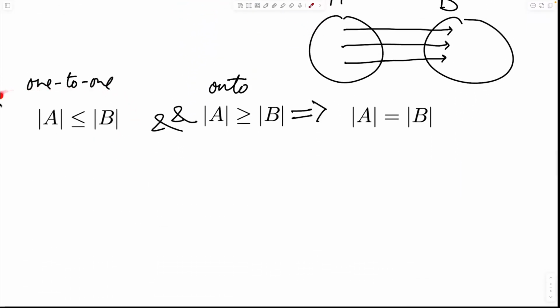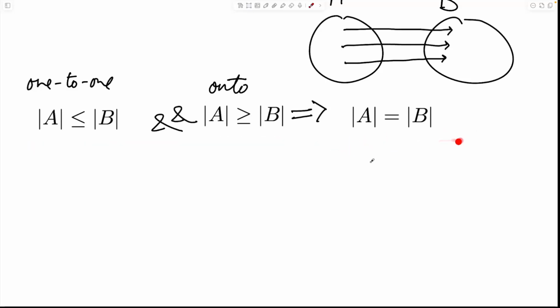I have written here the conditions coming from one-to-one and onto: size of A is less than or equal to size of B, and size of A is greater than or equal to size of B. Now both of these can only be simultaneously true if A is equal to B. So this part of the question, specifying that both one-to-one and onto functions exist, means that your size of A is equal to size of B.